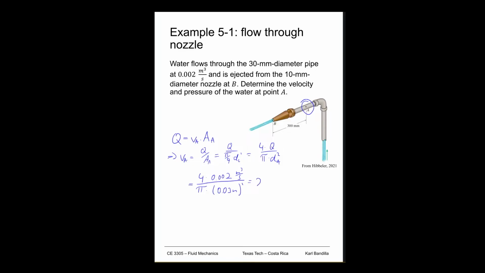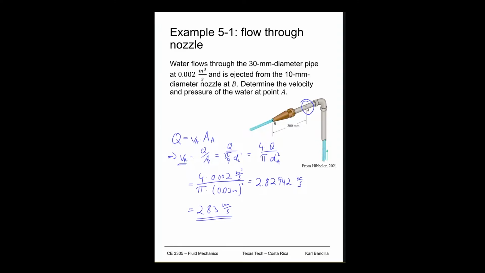Put that in, we get 2.82942 meters per second. Let's see, we actually get meters per second. Yes, because we have cubic meters per second, we divide by meters squared. So that leaves us with 2.83 meters per second. All right, that's our first answer.